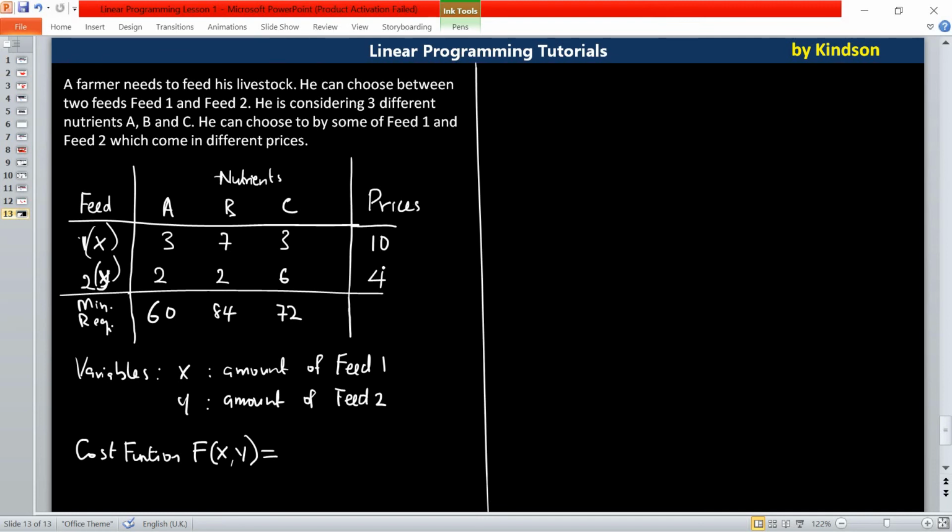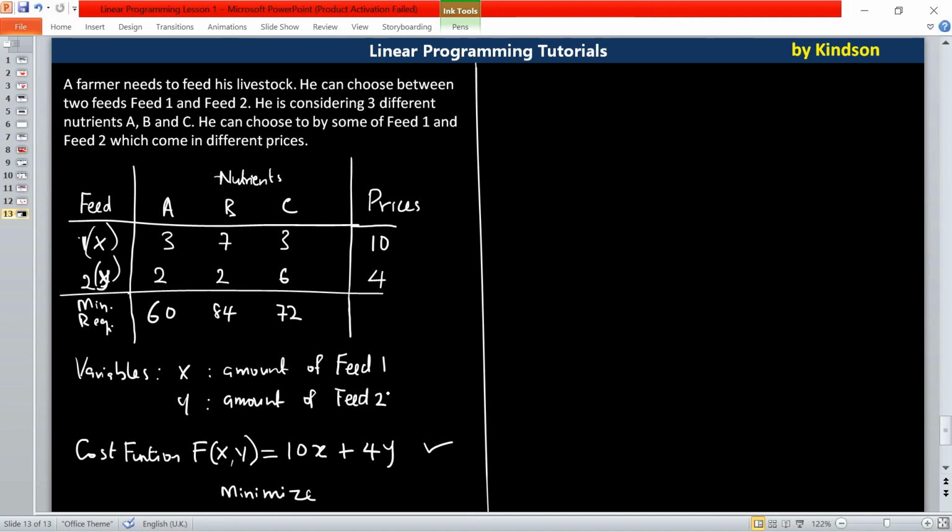The price of 10 units of x and 4 units of y. So this is a cost, and we are going to minimize this.